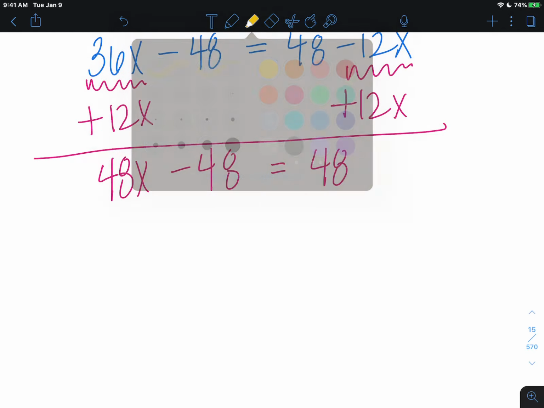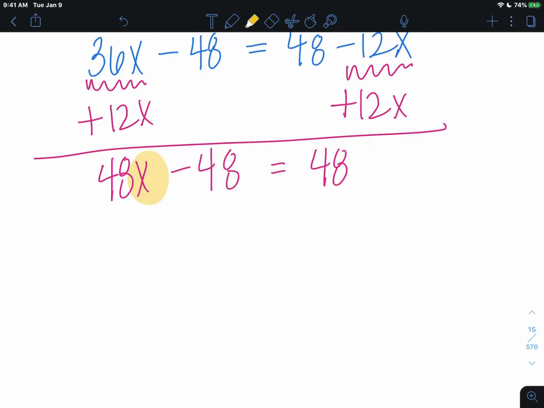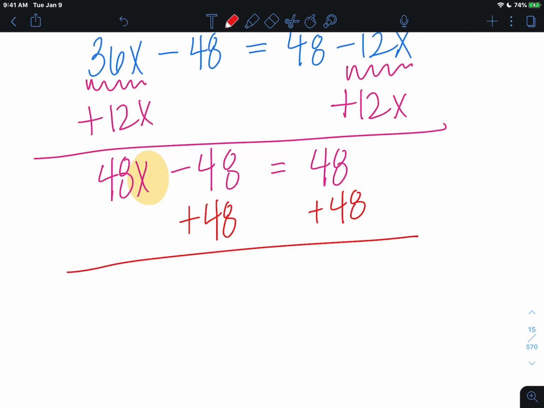Here I'm at the point where I just have two more steps. How do I know that? Well, there's coefficient x, constant equals something else. Exciting move, great divide, every single time. So I'm going to go ahead, I'm going to move my 48 because it is not attached to my x.